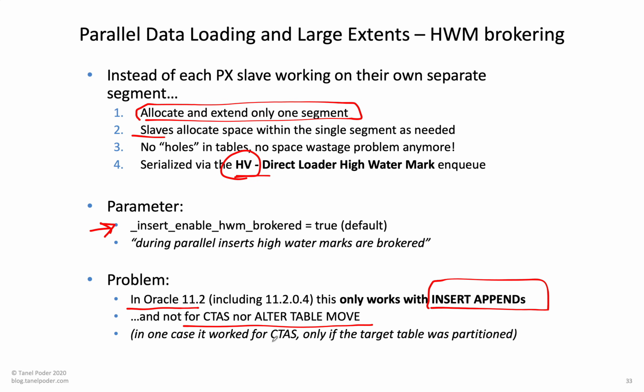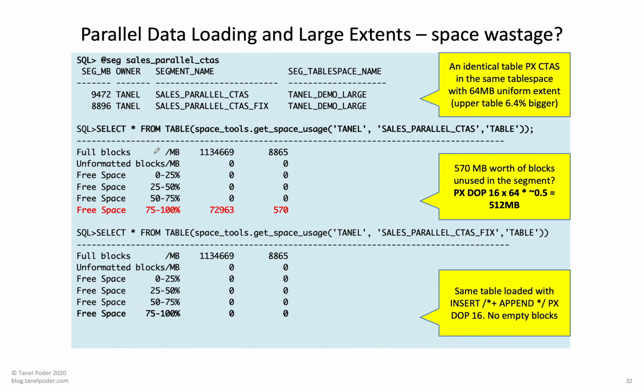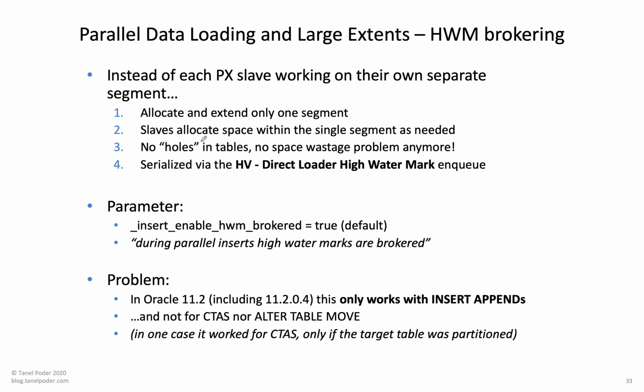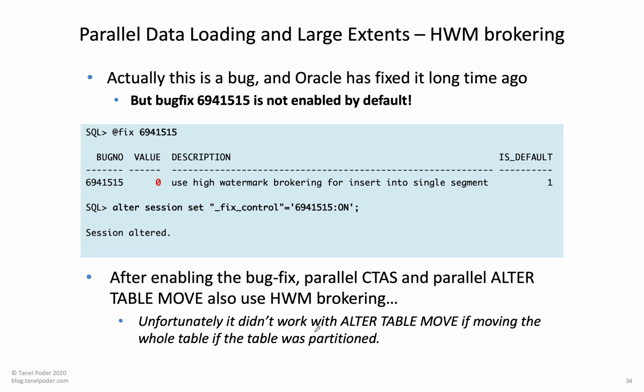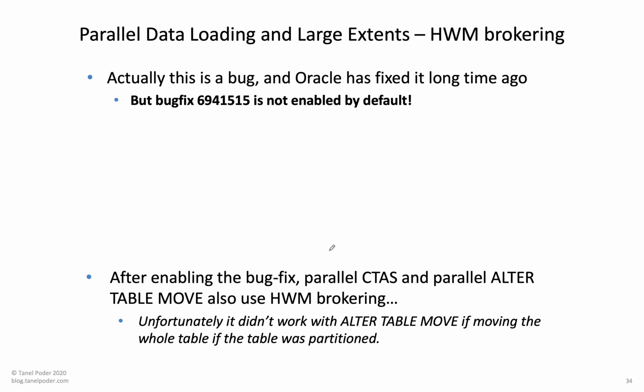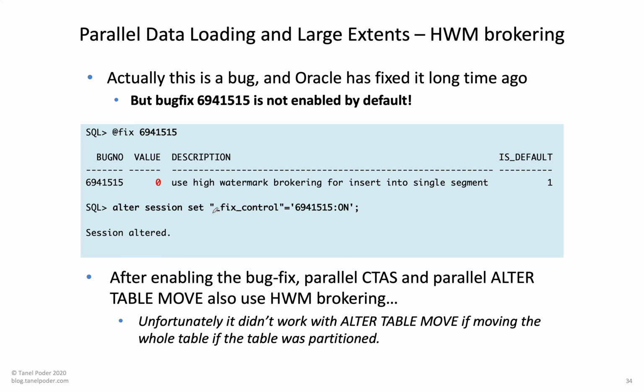When we tested, it actually worked in some cases when the target table was partitioned. But if the target table itself was just a single non-partitioned table, then the old-fashioned way, with every slave taking its own chunk, kicked in, right? Then we found that there is a fix control.